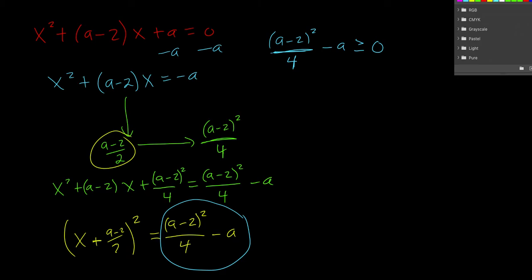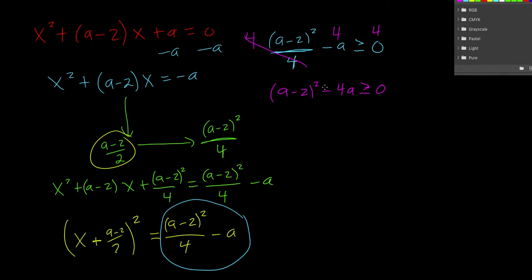Okay, from here, we want to clear the fraction just so it isn't as hard. So we multiply everything by 4. A minus 2 quantity squared minus 4a is greater than or equal to 0. Okay.